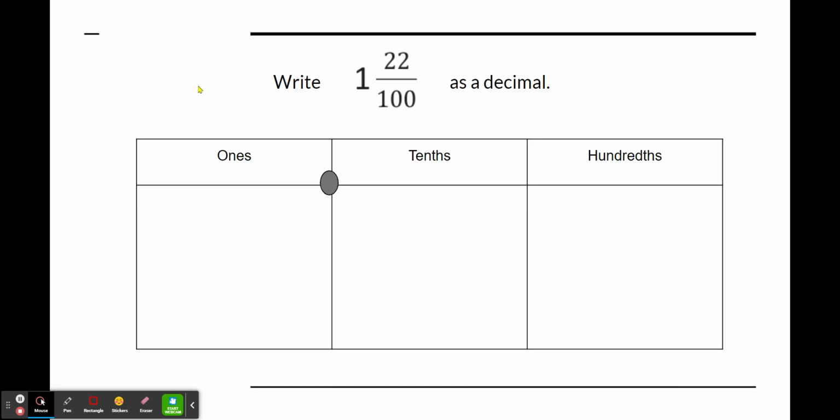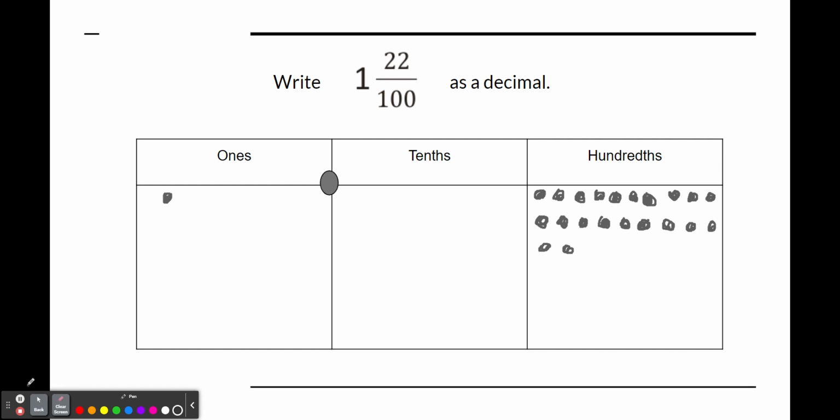So we have one whole and 22 hundredths. All right. Now we're going to go ahead and write 1 and 22 hundredths as a decimal. So I'm going to use some place value discs to represent this. So I have 1, 1, and then I have 22 hundredths. Now, I can take these 10 hundredths and exchange them for 1 tenth.